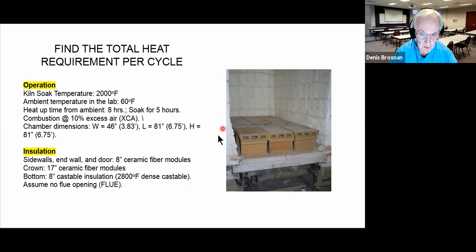The insulation in the original design of this kiln was a castable bottom, and there were beams and tile where the load was set on. So you can see those, and here's a little information on the thickness of the insulations.